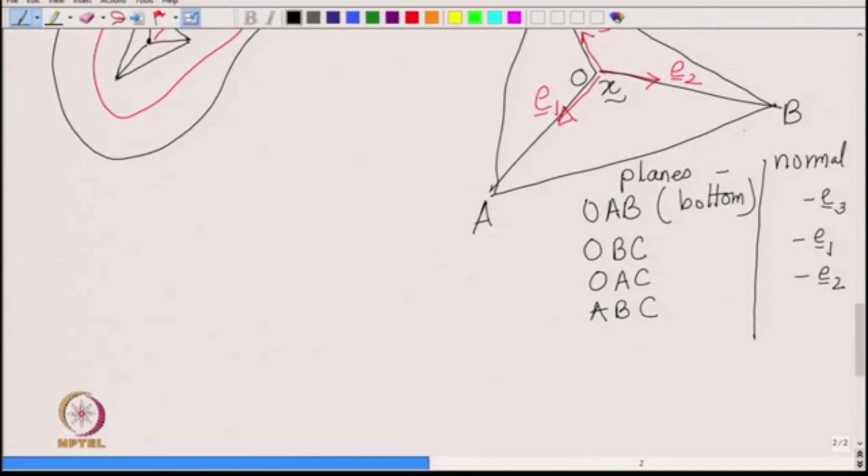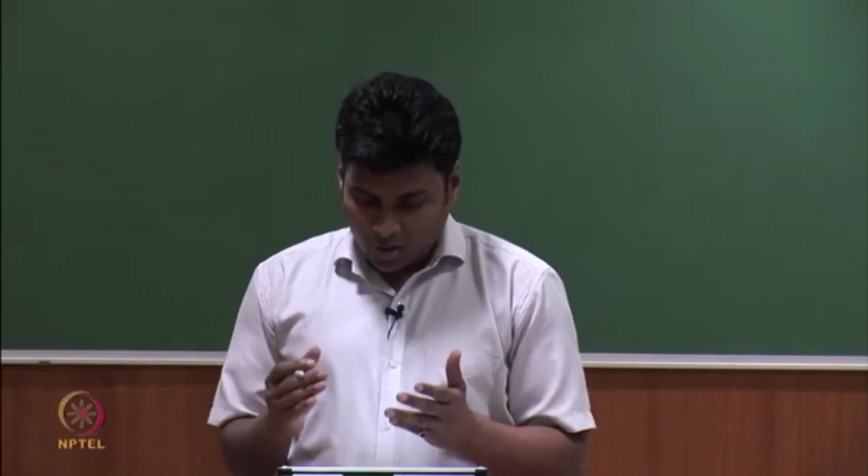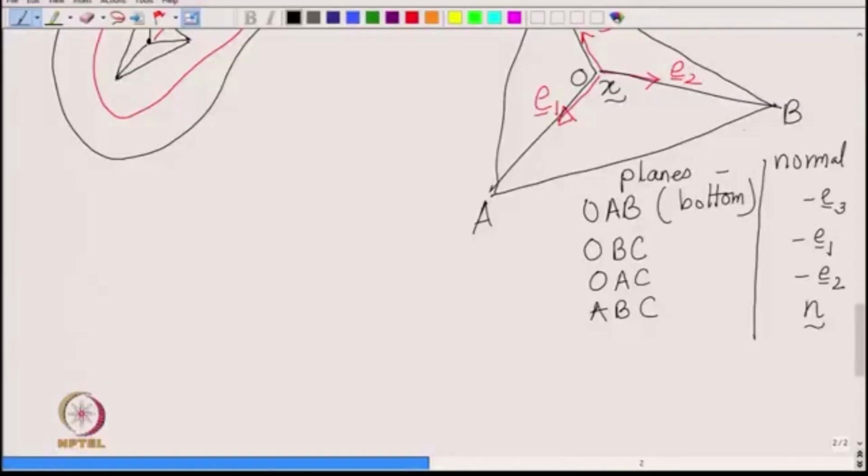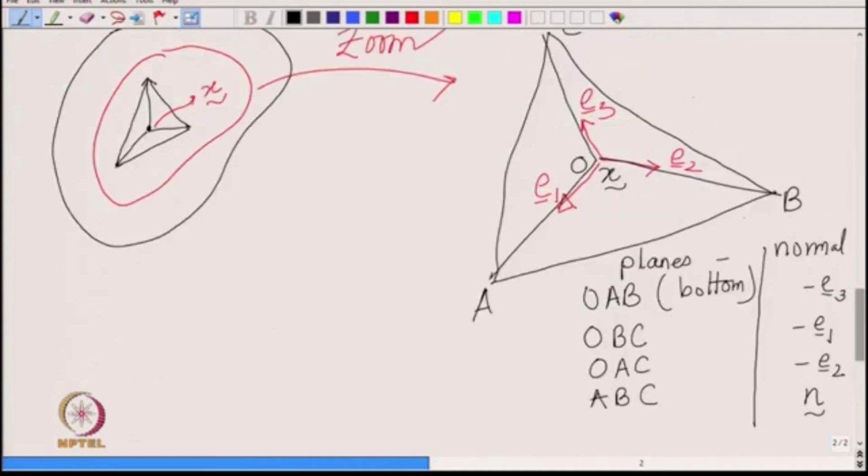So, let us say its normal is n. So, what I want to do is I will say that we know the tractions on the 3 planes minus E1, minus E2 and minus E3, and then I want to know what is the traction on the tilted plane. Okay.